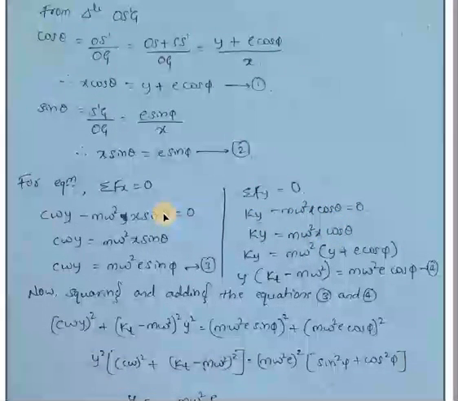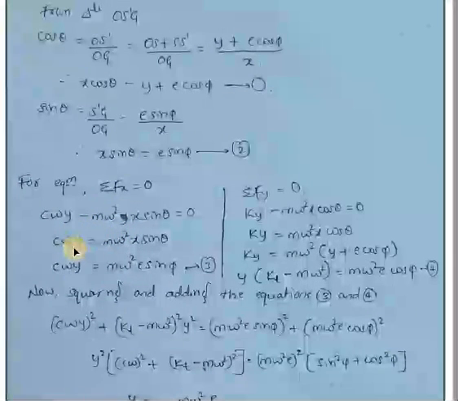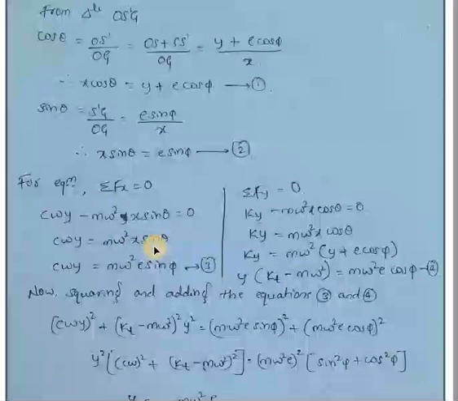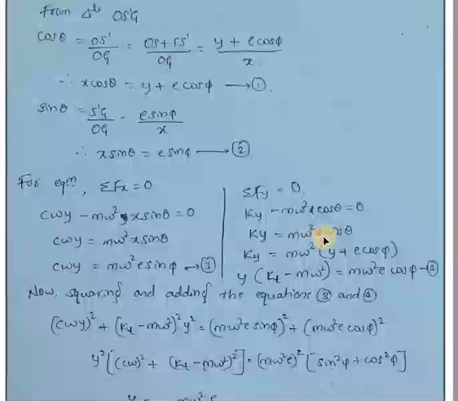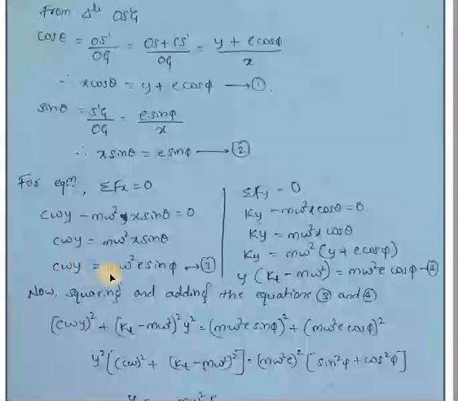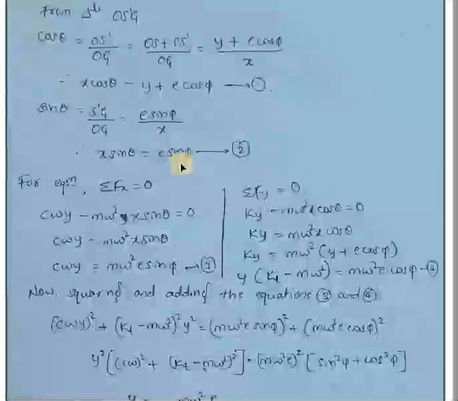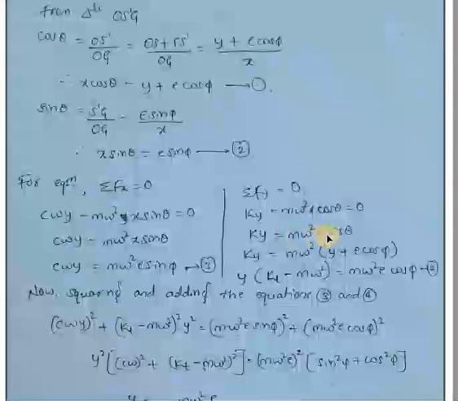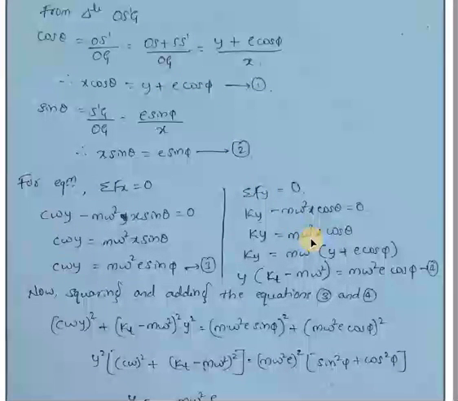If you substitute these equations, c omega y equals m omega square x sin theta, and k y equals m omega square x cos theta. From this you can write x sin theta as e sin phi and x cos theta as y plus e cos phi. Substitute those two.